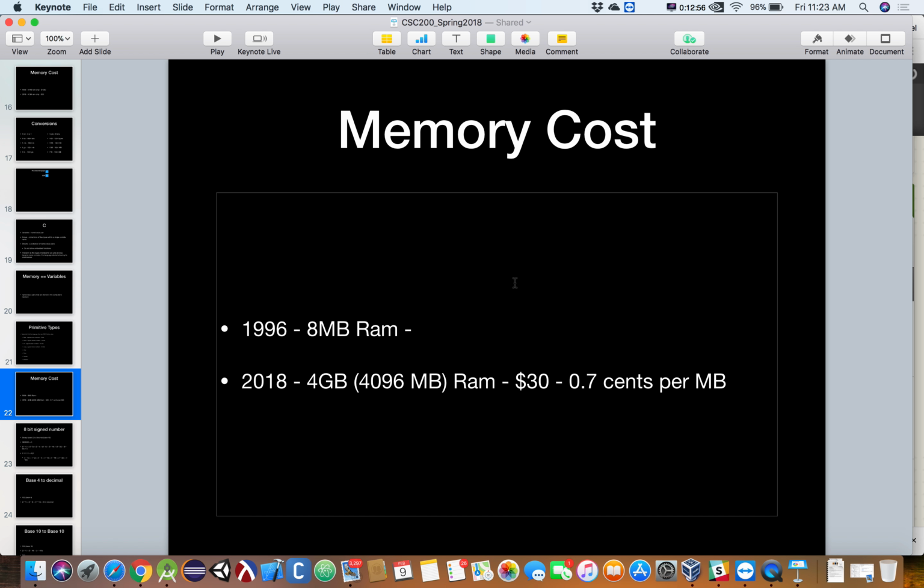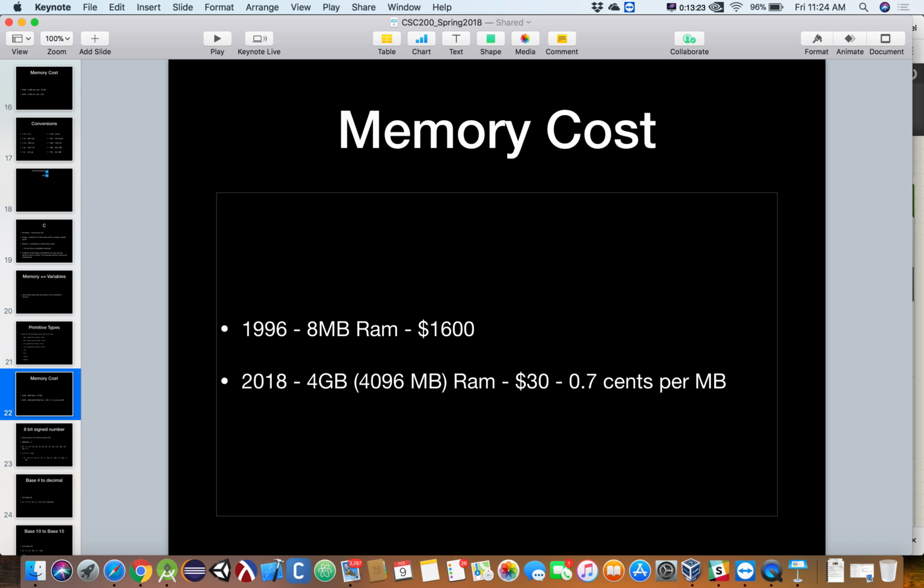So I went out and got an 8 megabyte chip. How much do you think that chip cost me in 1996? $1,000. It cost me $1,000. Now, you have to take inflation into consideration here. That actually comes out to right around $1,600 in today's dollars. $1,000 bought you more in 1996 than it buys you today.